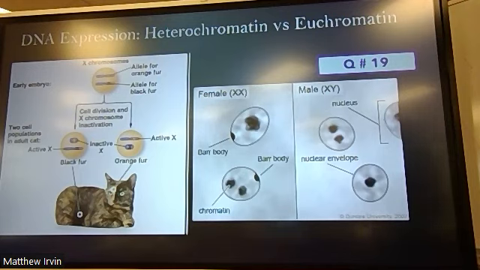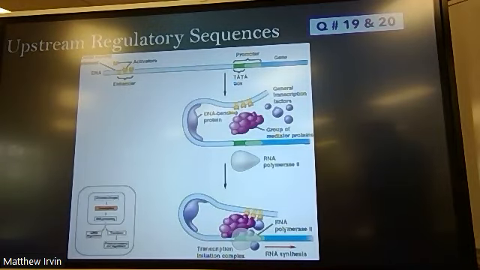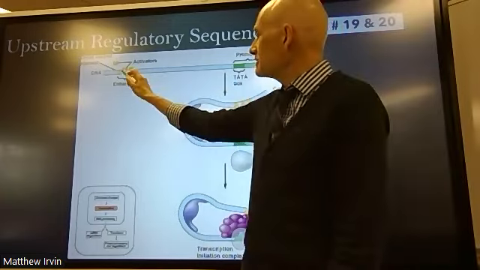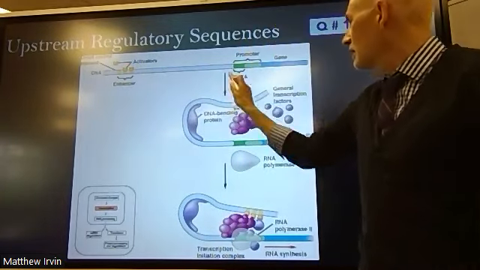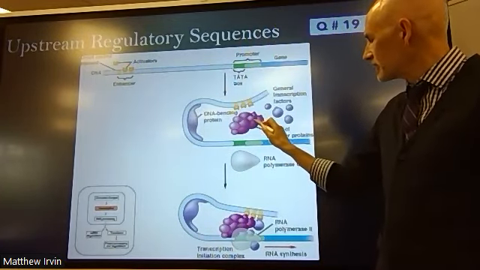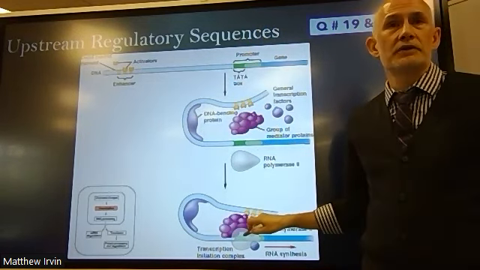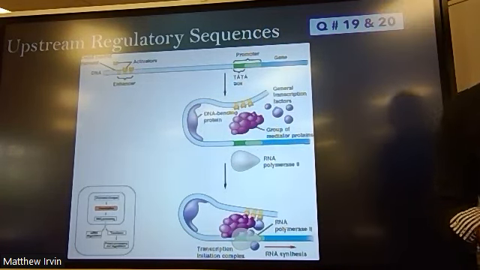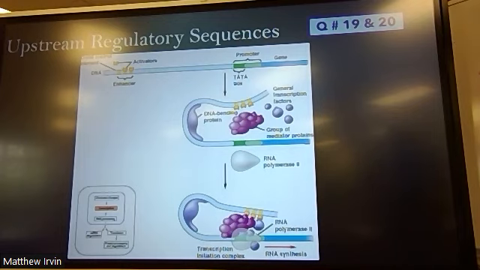All right, upstream regulation, we already talked about this. You have this enhancer region, activators that guide your transcription factors to help with gene expression. And then you also can have silencers that do the opposite.